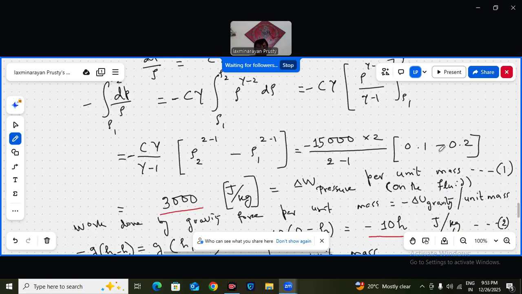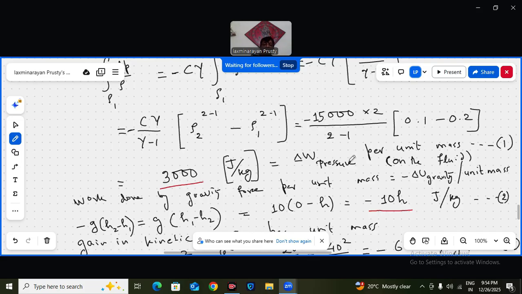So here 0.1 minus 0.2 is minus 0.1. So minus times minus, that becomes 15,000 into 2 into 0.1, so 3,000. Plus, because this is minus and this is minus. So this is the pressure flow work done.